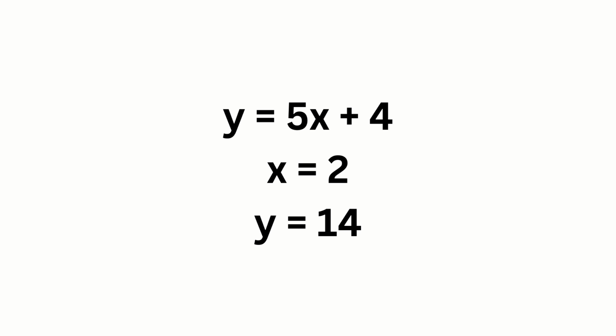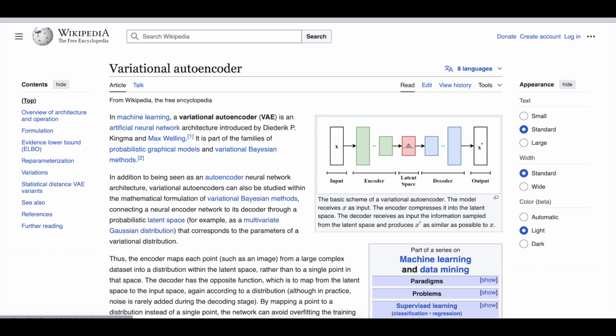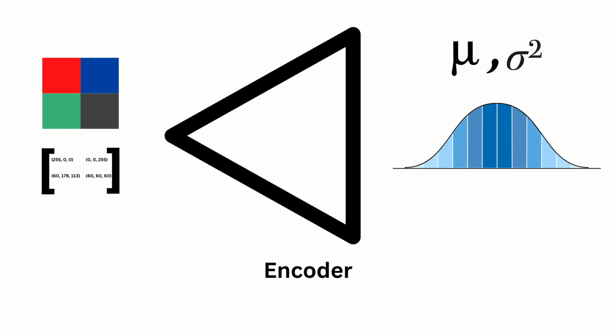Now, linear regression's a bit too simple to generate art. Instead, we're going to look at something called a VAE, or a variational autoencoder. And there's two parts to the VAE. The encoder in the VAE takes a numerical input, and then it maps it to a normal distribution.